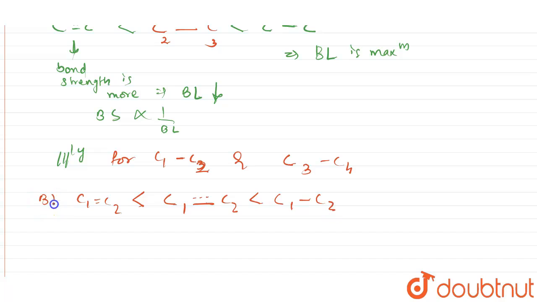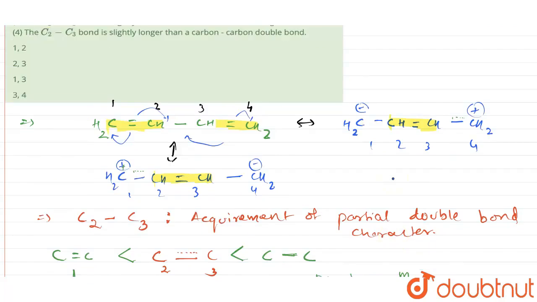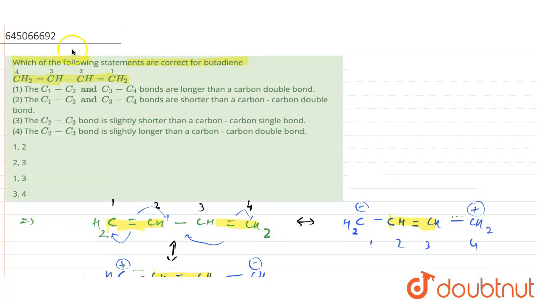Similarly, for C3, C4 we can write the partial double bond character like this. It is going to be less than C3 single bond C4, but greater than C3 double bond C4. So if you see the options now, it is given that the C1, C2 and C3, C4 bonds are longer than a carbon double bond.